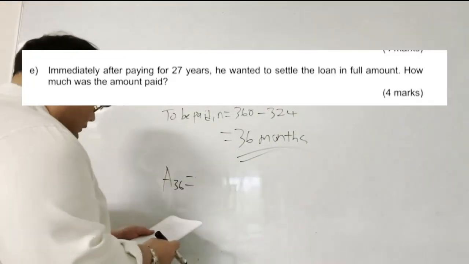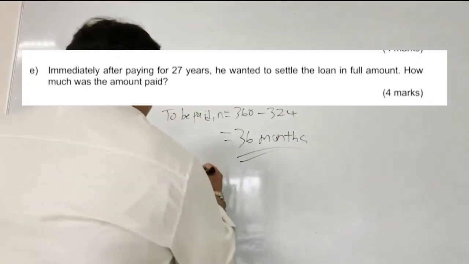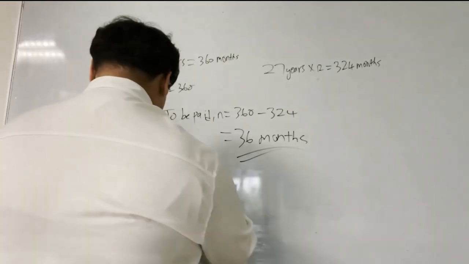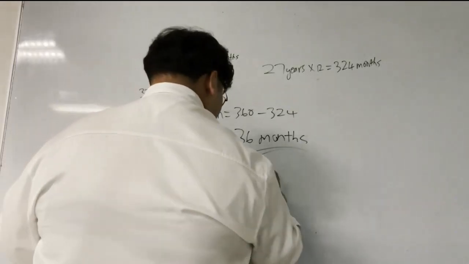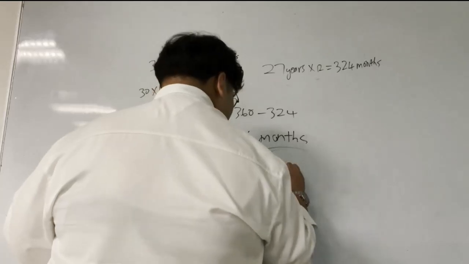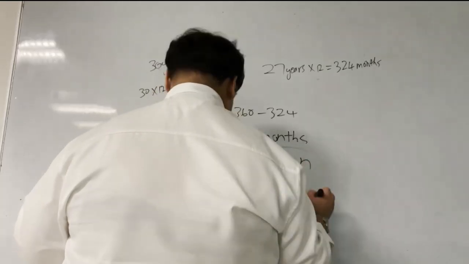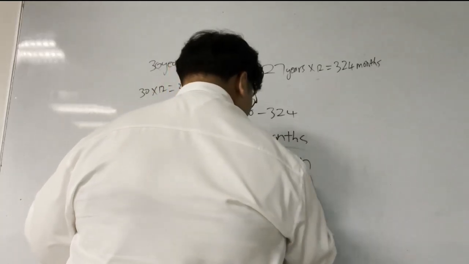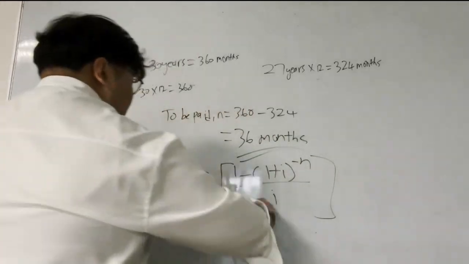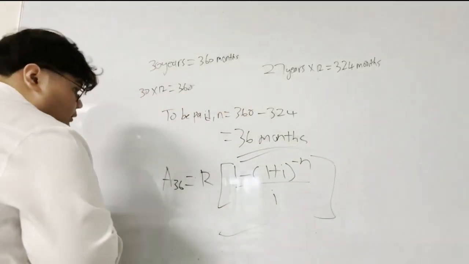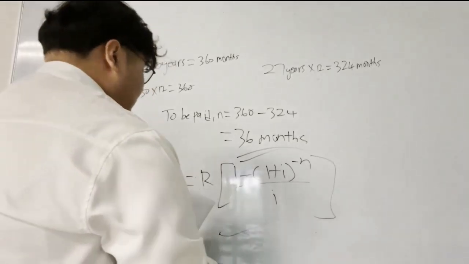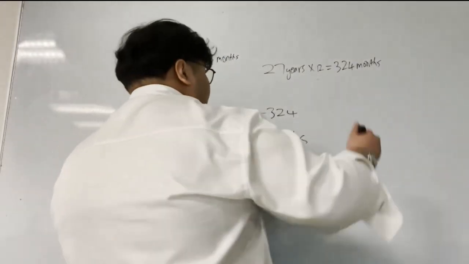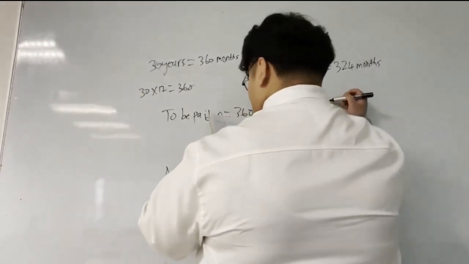So this is the formula. A36 equals R in bracket 1 minus 1 plus I to the power of negative n over I. This is the formula that we use to find the amount that you need to pay. So we just fill in the formula.